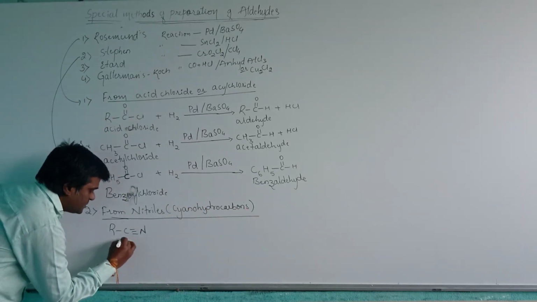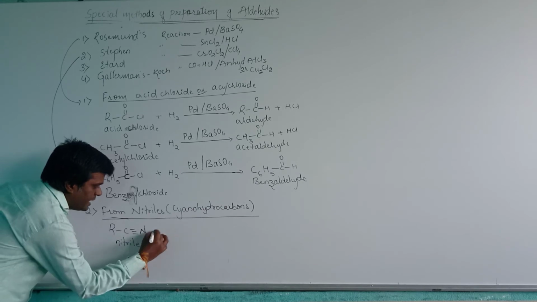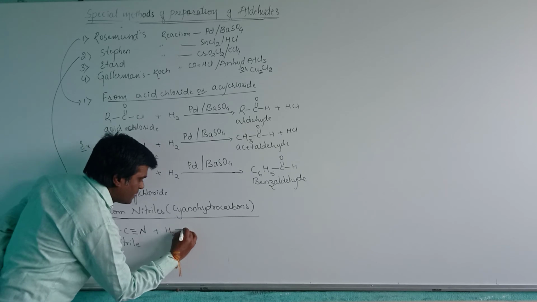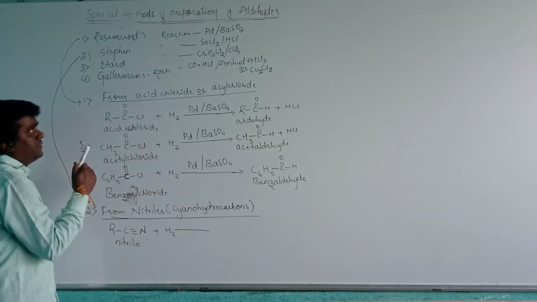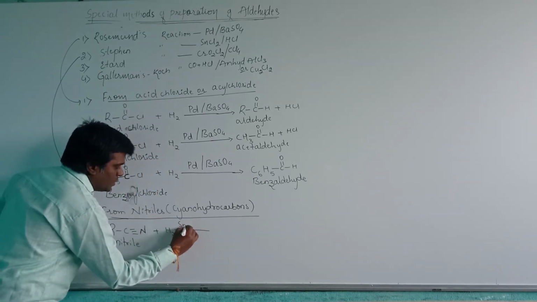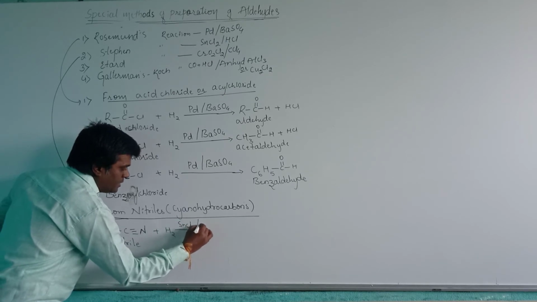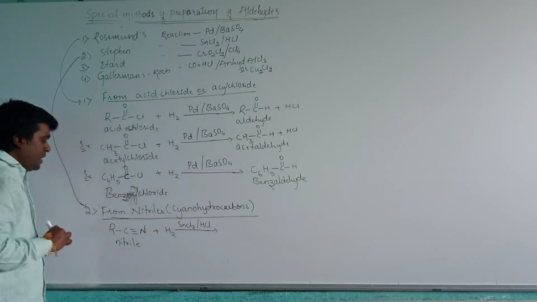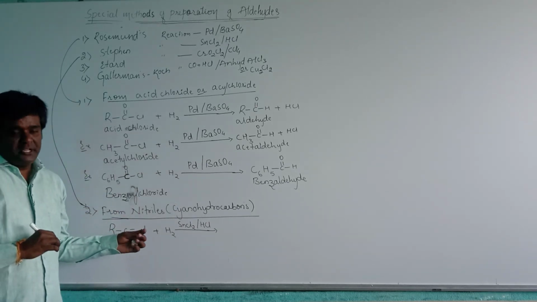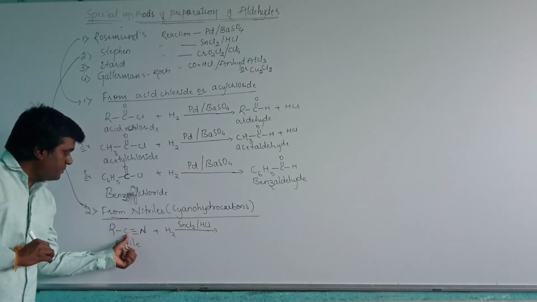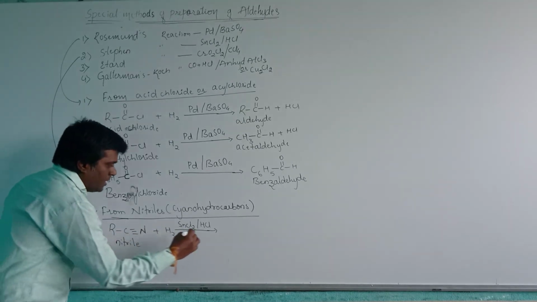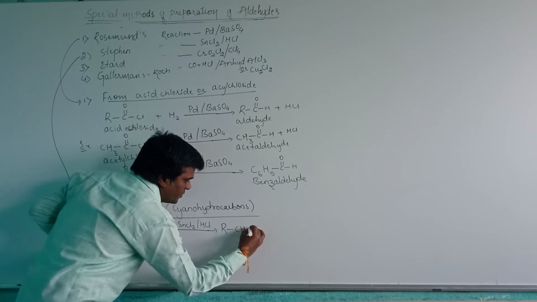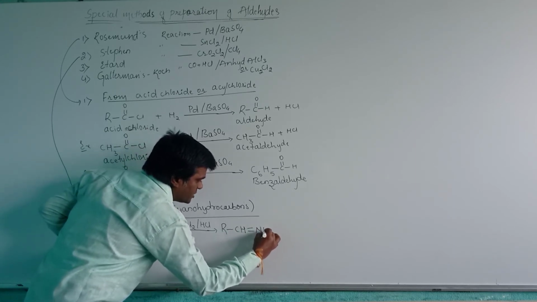When nitriles undergo reduction in the presence of stannous chloride in concentrated hydrochloric acid, addition of hydrogen takes place across the carbon and nitrogen, giving the addition product RCH double bond NH.